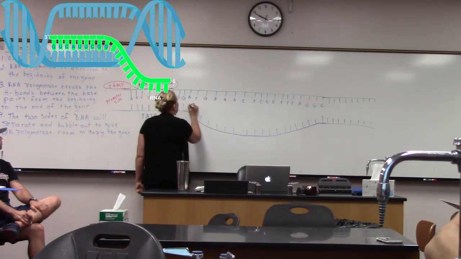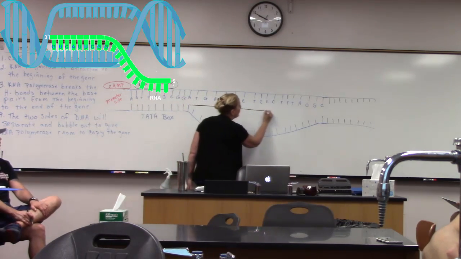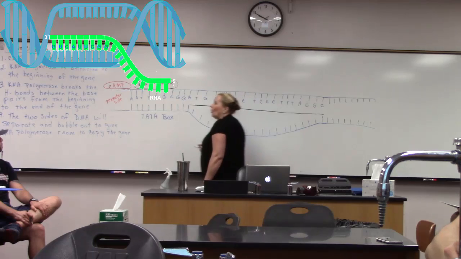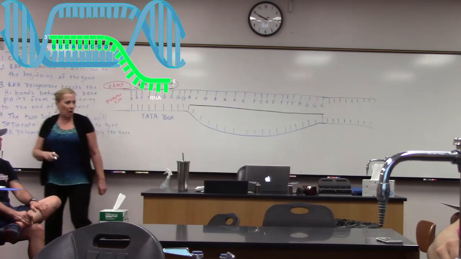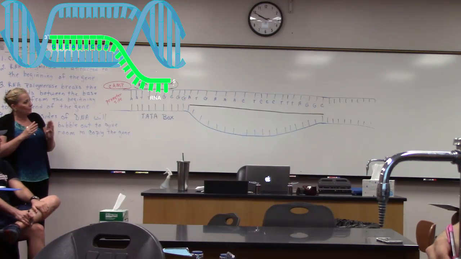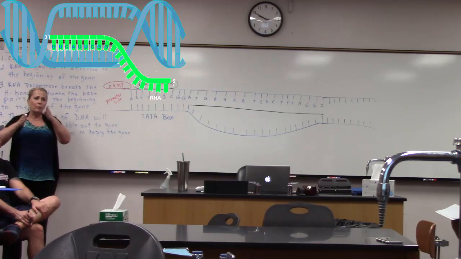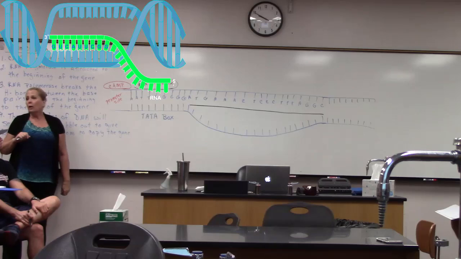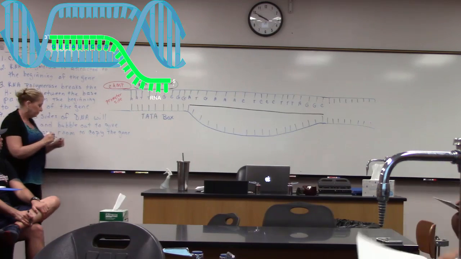First of all, in the backbone of this complementary copy, we're not going to have deoxyribose sugar. We're just going to have ribose sugar, so that's a little bit different. So it'll be phosphate, ribose sugar on this backbone, okay?